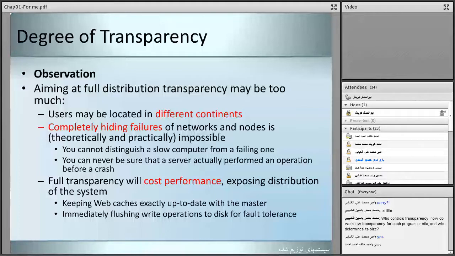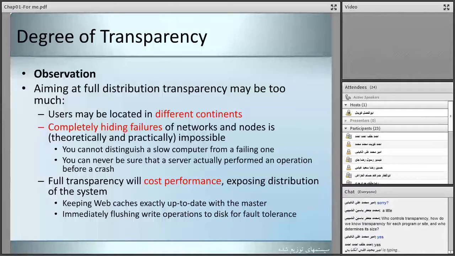Do you agree? So it's very good for fault tolerance. We have full transparency in terms of failure transparency. You will not miss anything, because every 1 second you save your document. Control S, Control S, again Control S, every 1 second.